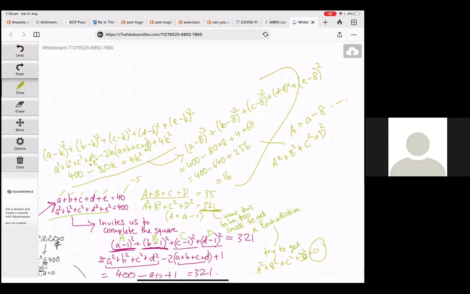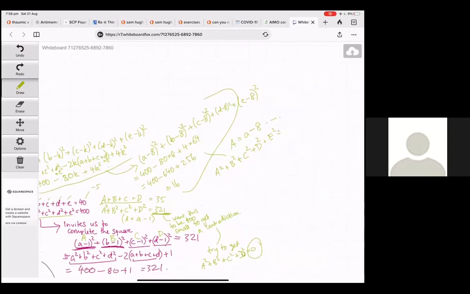Then this is equal to 16. And what else do we have? A plus B plus C plus D plus E is just 40 minus 8 times 5, 5 lots of 8, which is 0. Okay, so they have to add up to 0, but give me 16 when we square them.